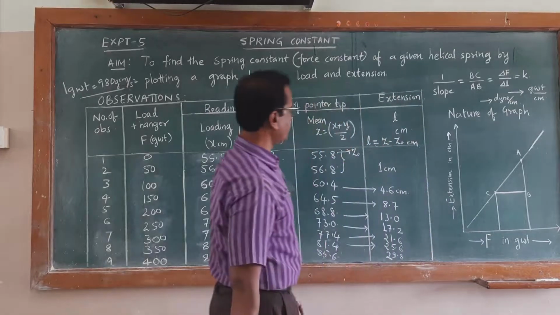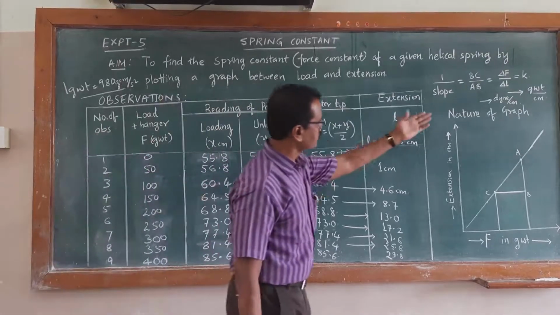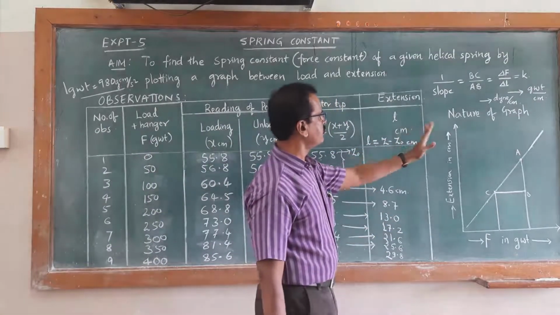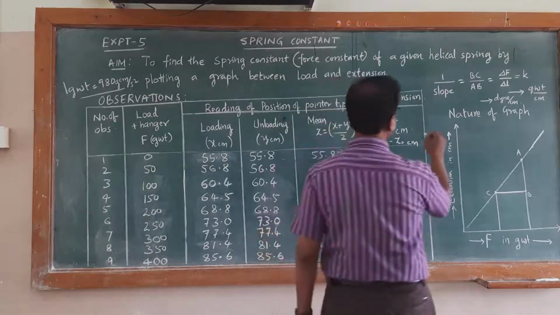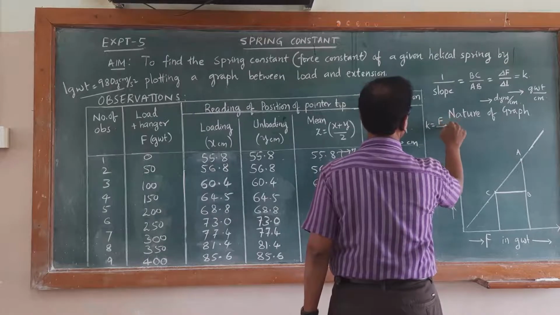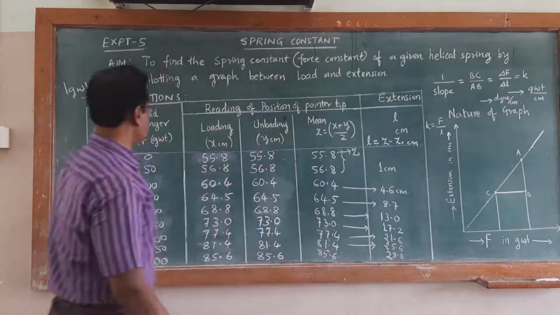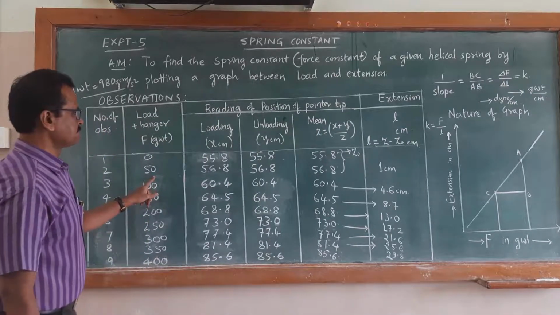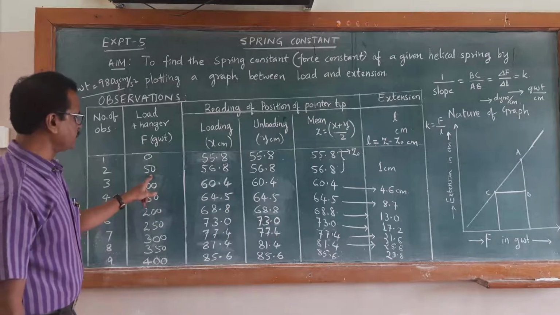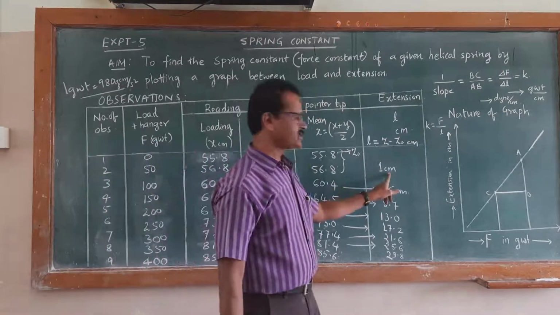Another way is directly calculating from the observations. You can have one more column here, in which we will have K equal to F by extension directly. In the first case it is 50 gram weight divided by the corresponding extension, 1 centimeter.